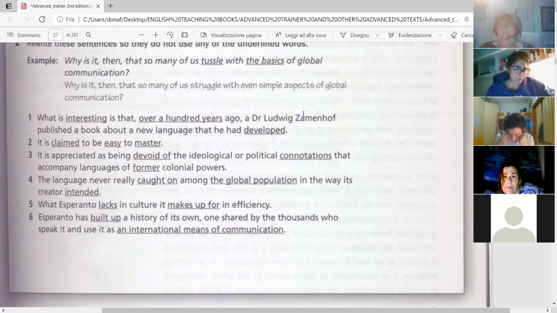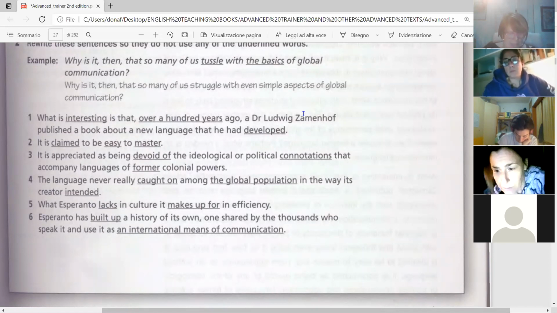Designed, yes, even created, because when you have a creation, you have a plan, so you're developing something. But actually, I think that design is even much more similar to that one. Good. Okay, Mara. It is claimed to be easy to master.